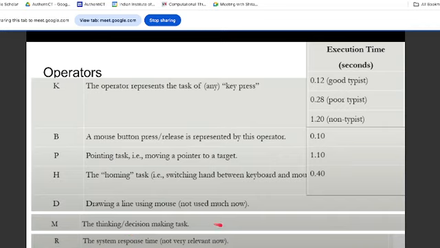We will talk about this mental thinking task time, which is empirically found out, as in many experiments were conducted, where the same tasks were performed by thousands of individuals. It was found that on average it takes about 1.35 seconds for a normal user to make a decision.